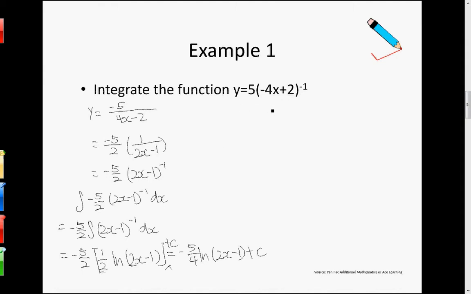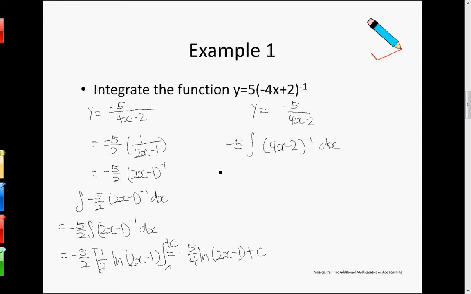Another way of doing this question would be writing it in this form. Similarly I write it as 4x minus 2. Then I take it as negative 5 times the integral of 4x minus 2 to the power of minus 1 dx.